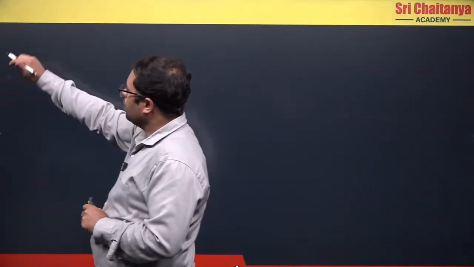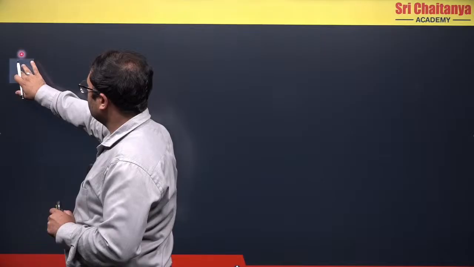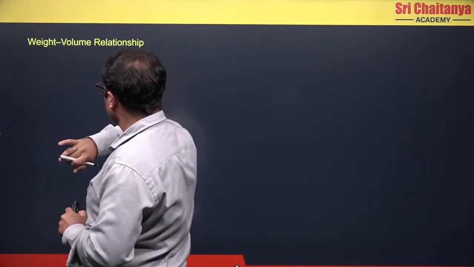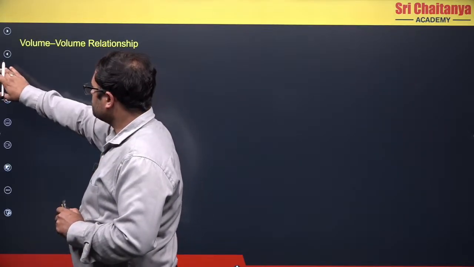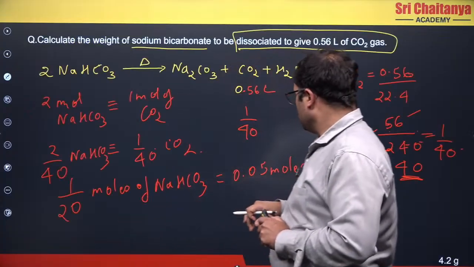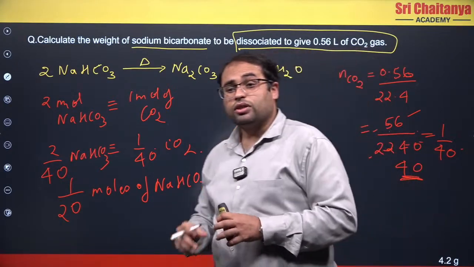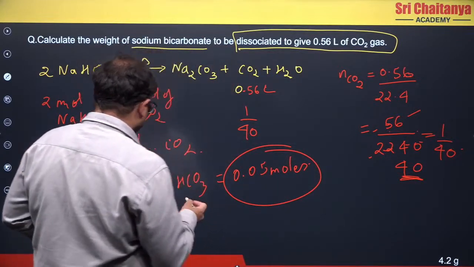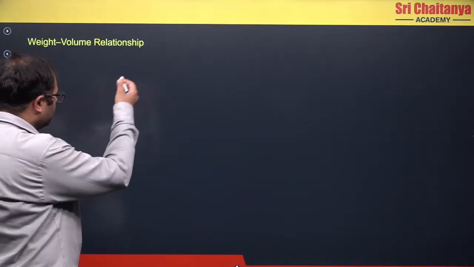Now you have the moles of sodium bicarbonate. Now simply you have to multiply it by molar mass to get the mass. Now molar mass of NaHCO3, let us get to that. I'll just do it here only.